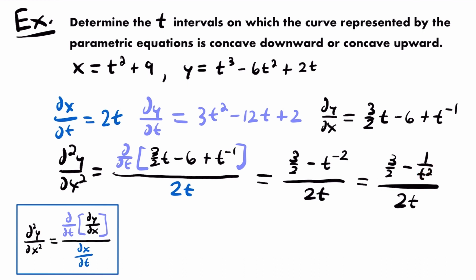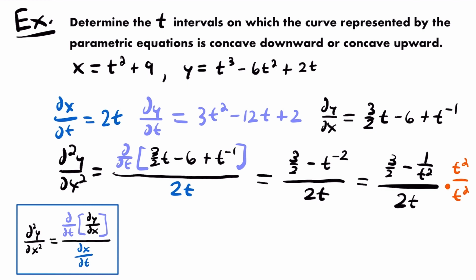All right, and so now what we can do to simplify this further, I don't like having two fractions in the numerator here. What I'm going to do is multiply by a form of 1, t squared divided by itself. What that will do is cancel out with this fraction and make it just 1, which will be a whole lot easier to work with. And we can do this because multiplying by a form of 1 doesn't change the value of this expression, right? You can always multiply by 1.